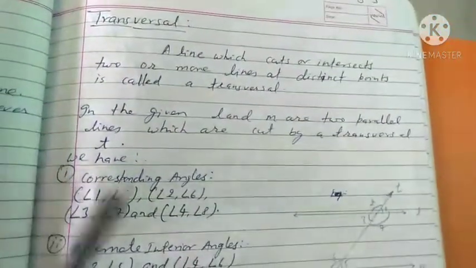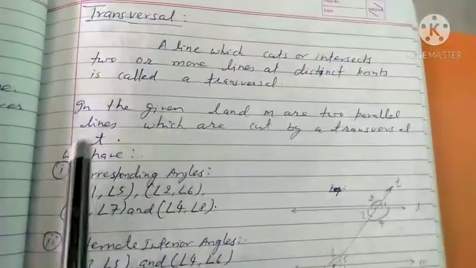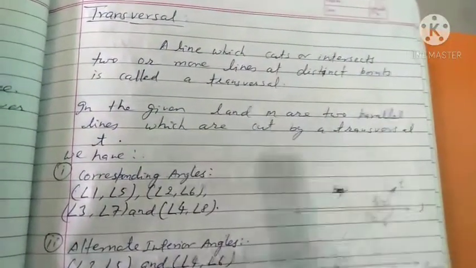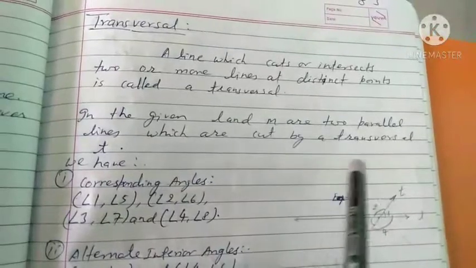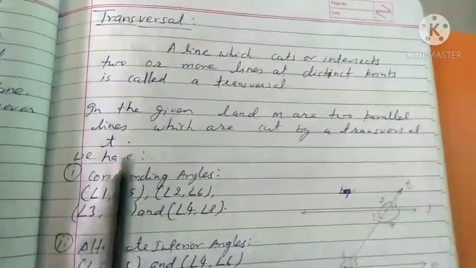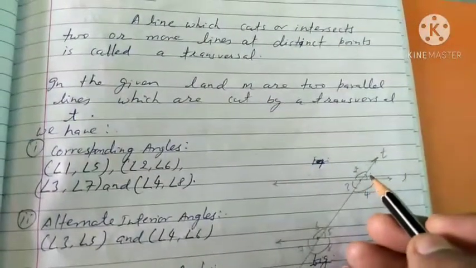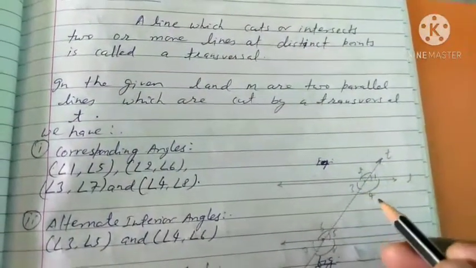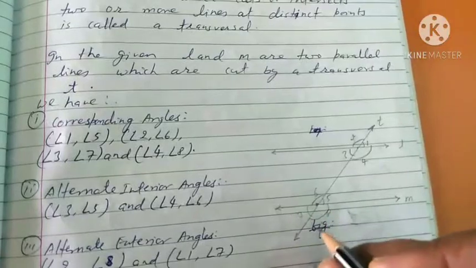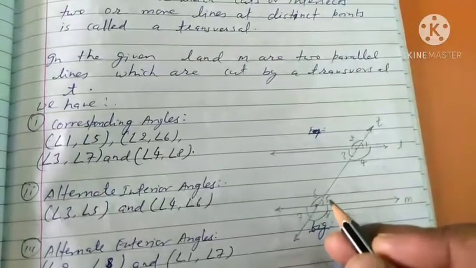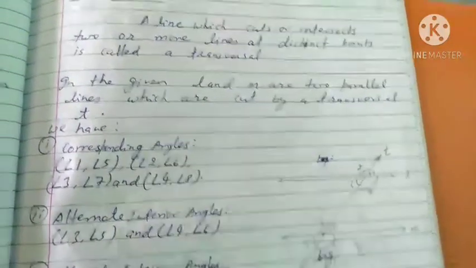So in this figure, it's been given that L and M are two parallel lines which are cut by a transversal T. Now at this point we have four angles: angle 1, angle 2, angle 3, angle 4. At this point also we have four angles: angle 5, angle 6, angle 7, angle 8.